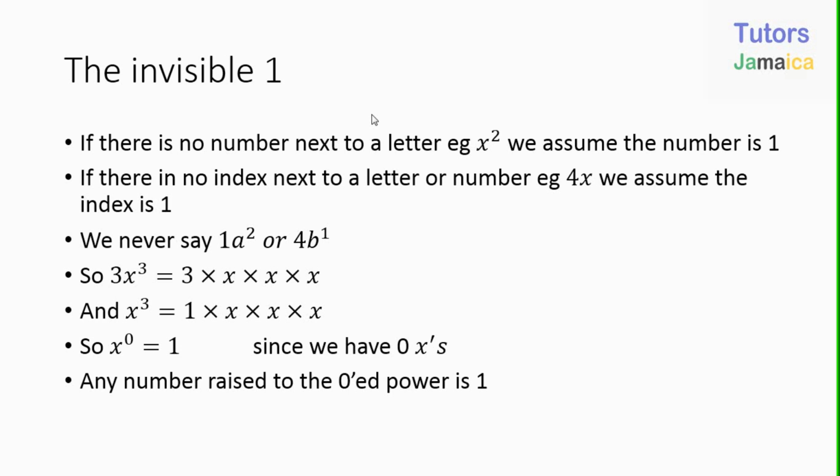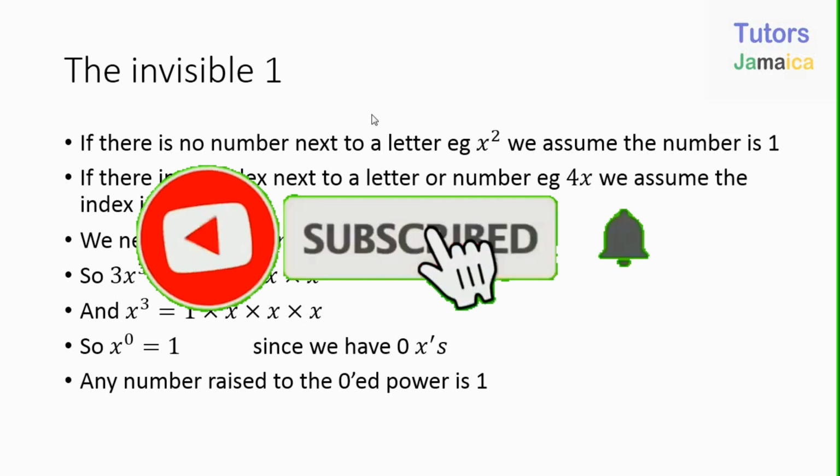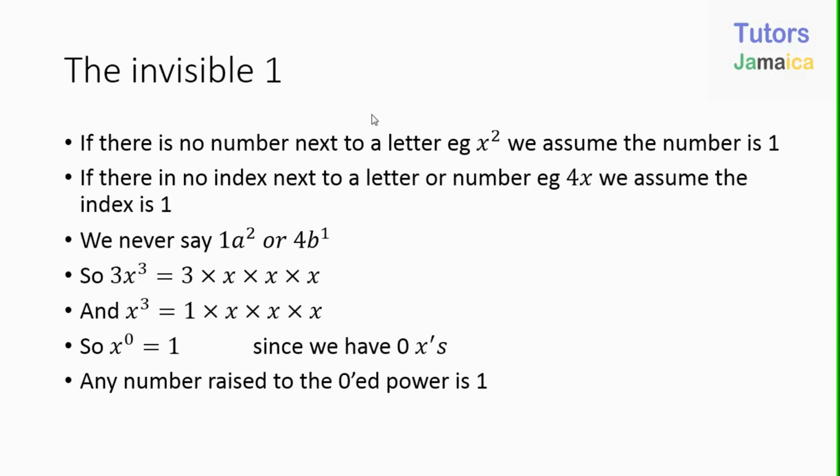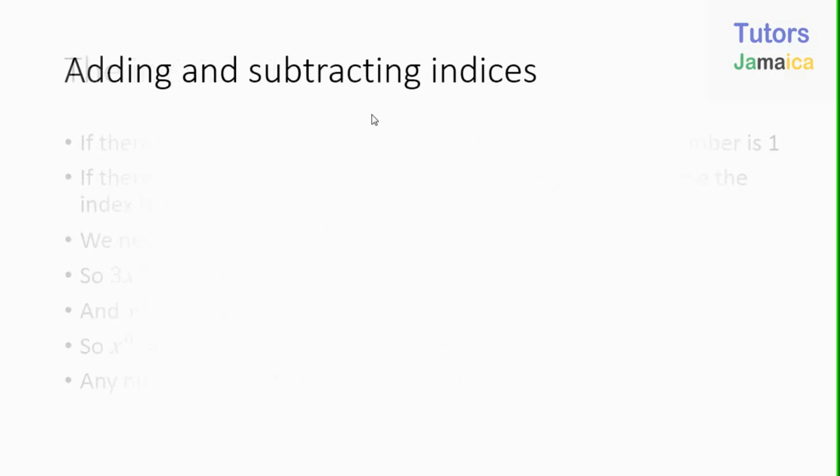I'm telling you about the invisible one because x to the 0 is equal to 1. Since we have 0 x's, any number raised to the 0th power is equal to 1.